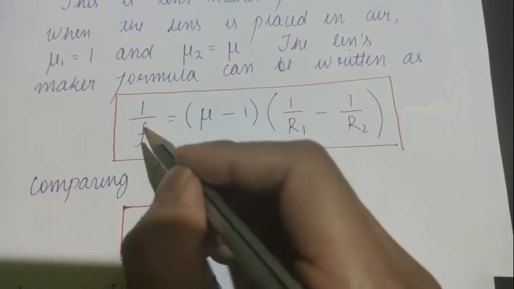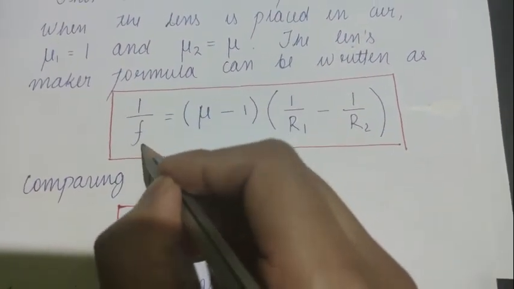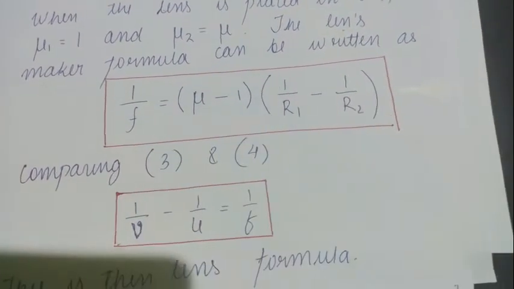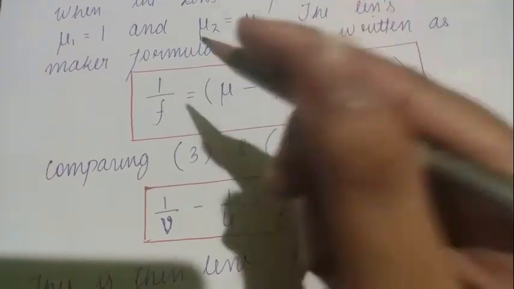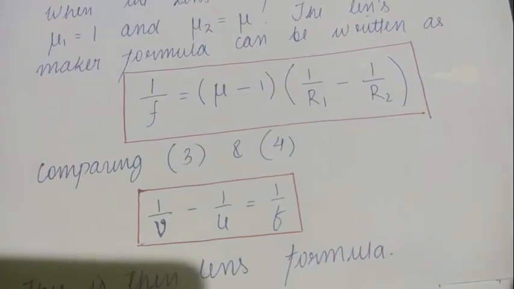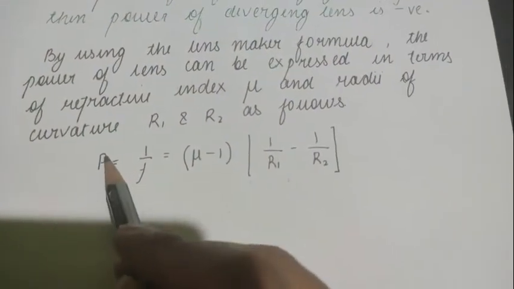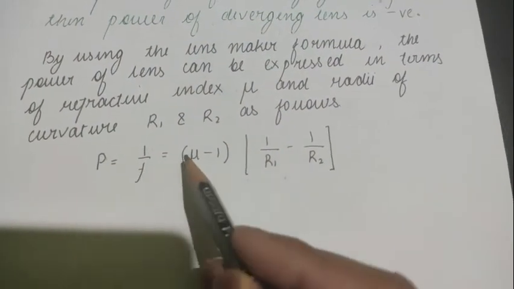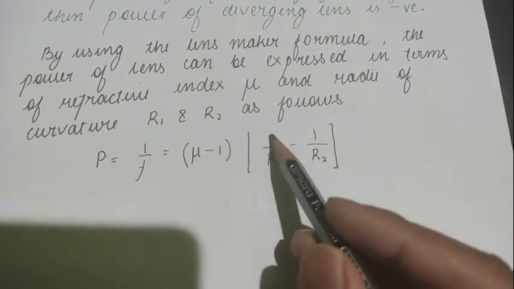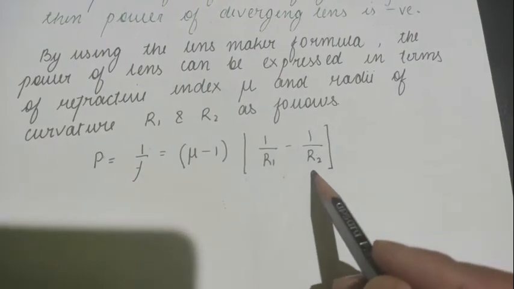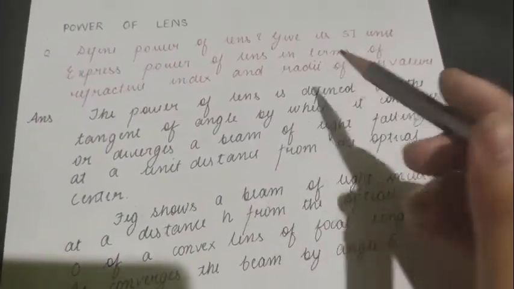So do you notice 1 by f? And what is 1 by f? 1 by f means my power. So can I write my power P equals 1 by f equals (mu minus 1) times (1 by r1 minus 1 by r2)? Yes. Therefore, this is the answer of your final question.